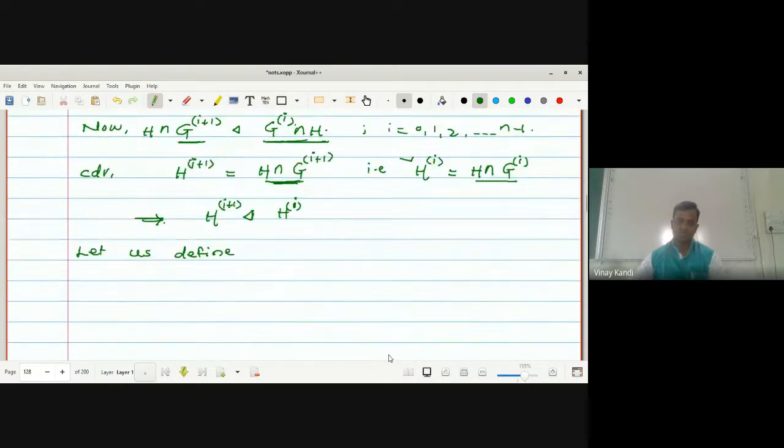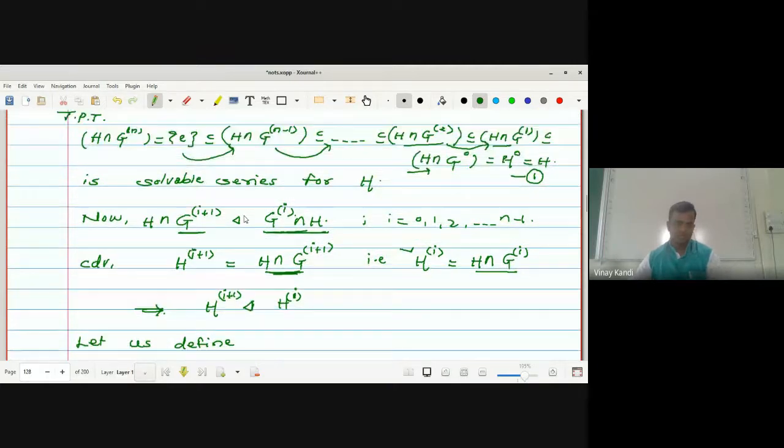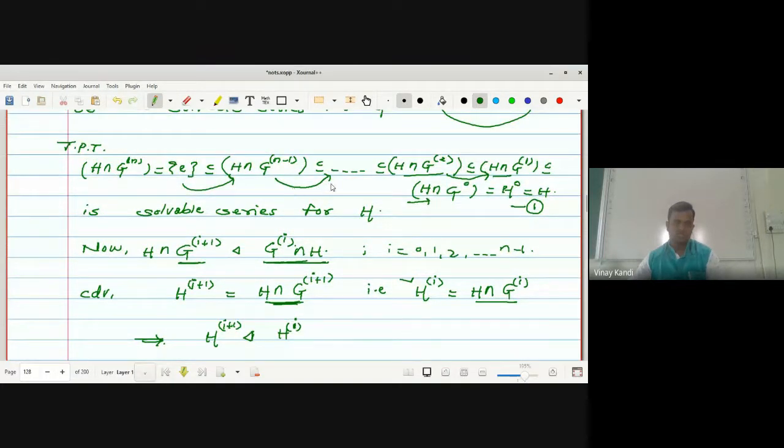Okay, we get this one. Now we have to show that H_i upon H_(i plus 1), we have to show that this series is a solvable series.